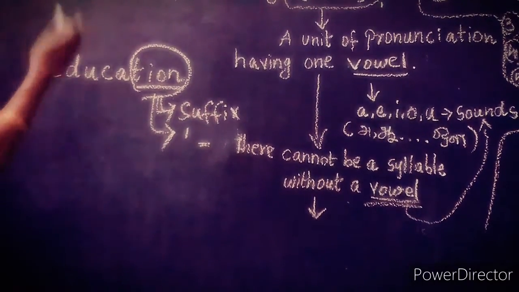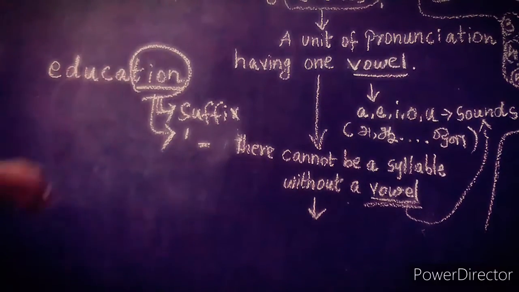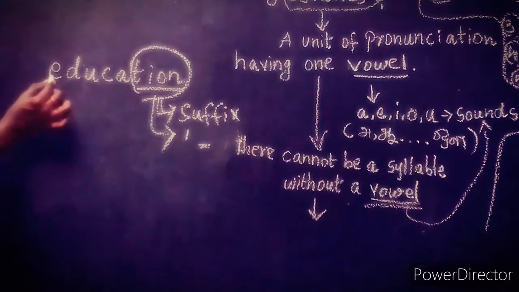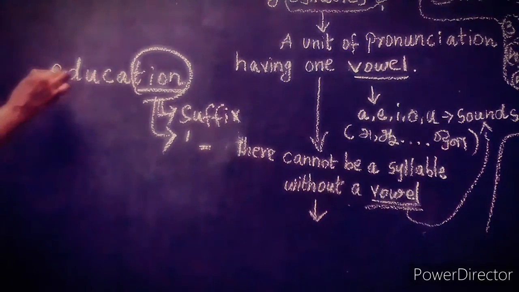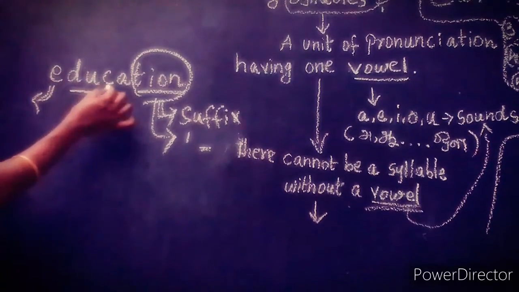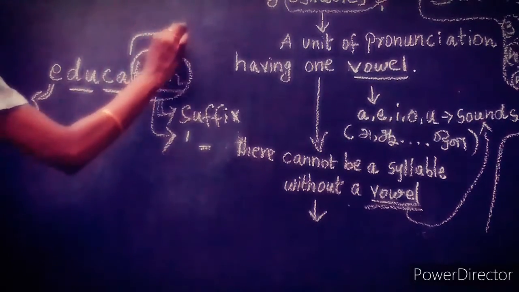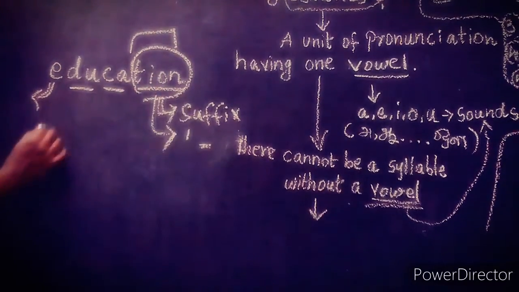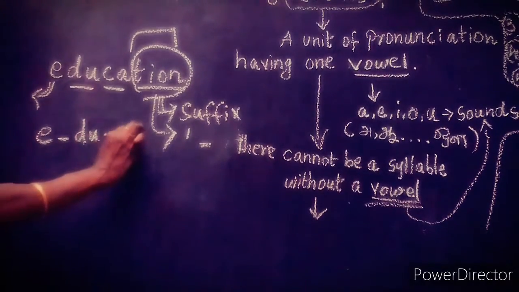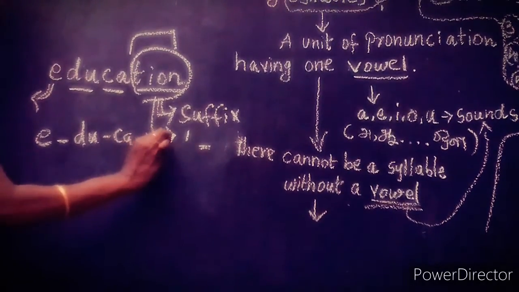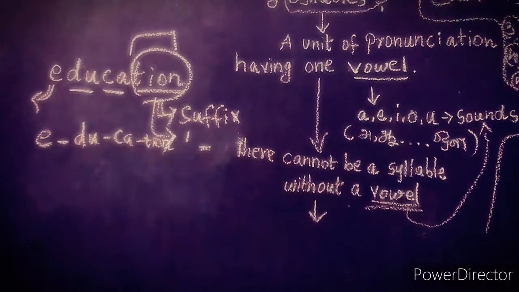So now just break this word education. So already a vowel sound is here. Okay. Ju, ka, and we have to take this all together. So shan. So education. Is it clear? Right.